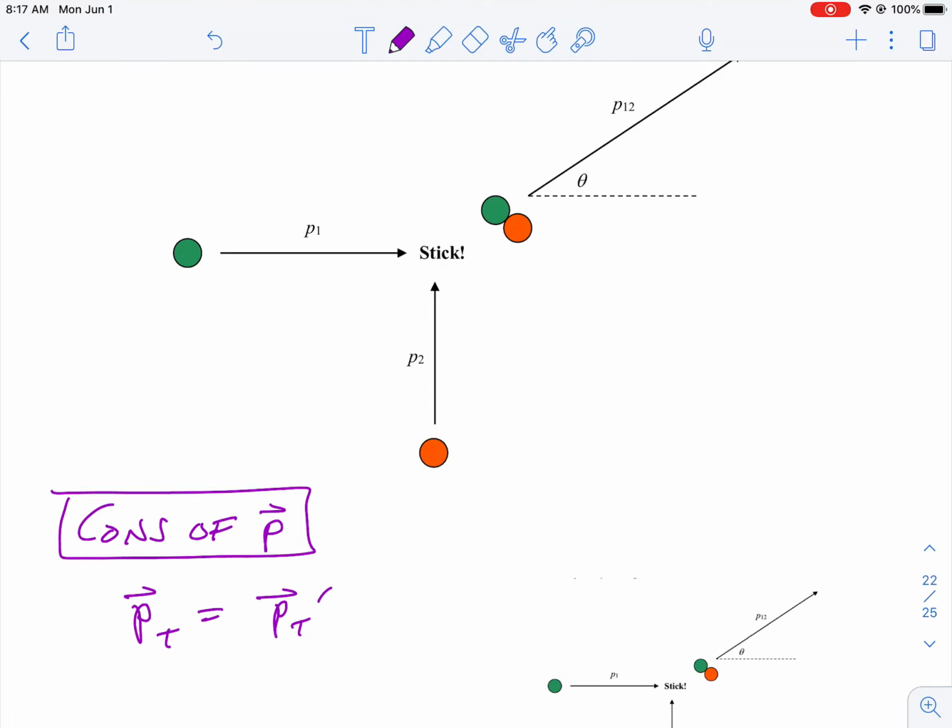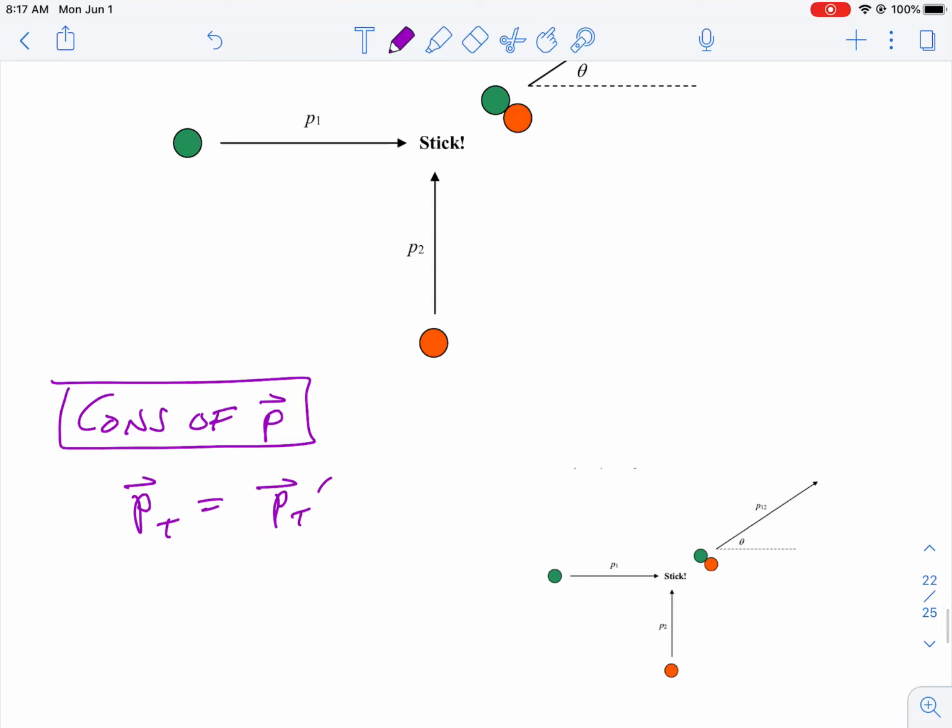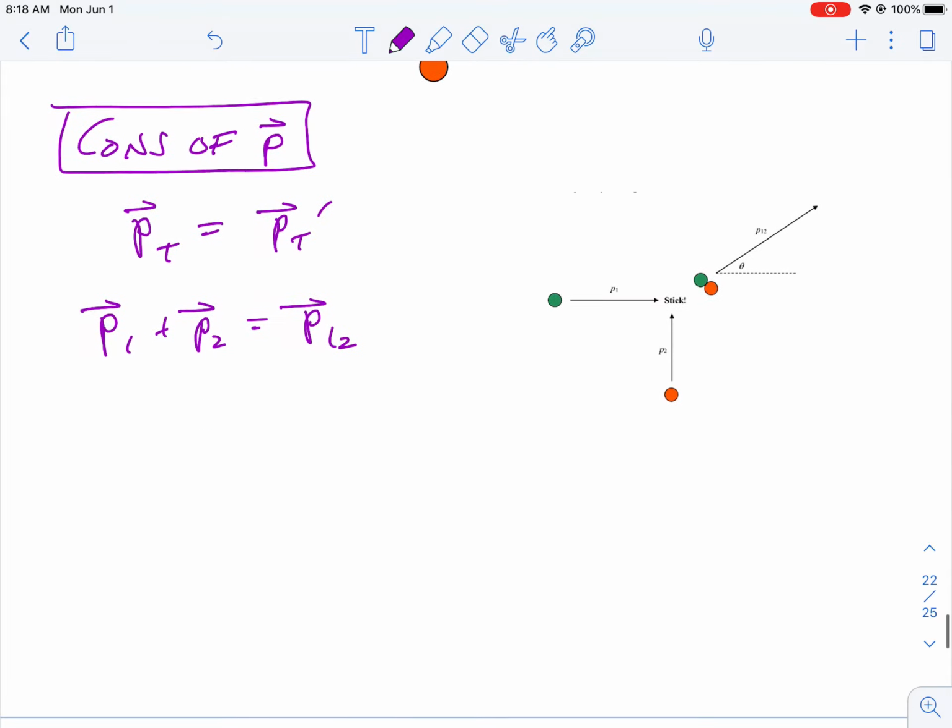Notice we have 2 separate objects before, so we have P1 plus P2, and 1 combined object afterwards, P1,2. Now, for this new method, for 2D, we're going to stop right here. We're not going to put the mvs in here. We're going to leave it right here.